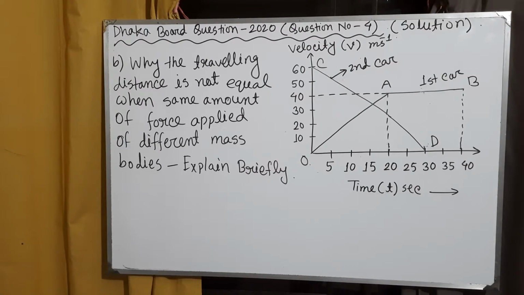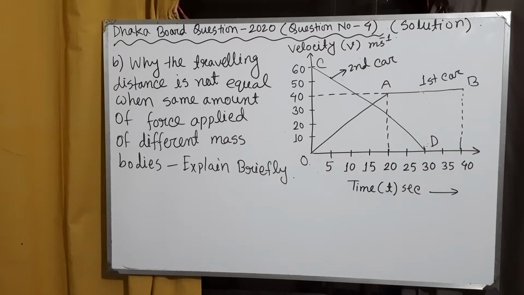So our question number B is, why is the traveling distance not equal when the same amount of force is applied to bodies of different mass? Explain briefly. The explanation is: when the same amount of force is applied to different mass bodies, the bodies get different amounts of acceleration.